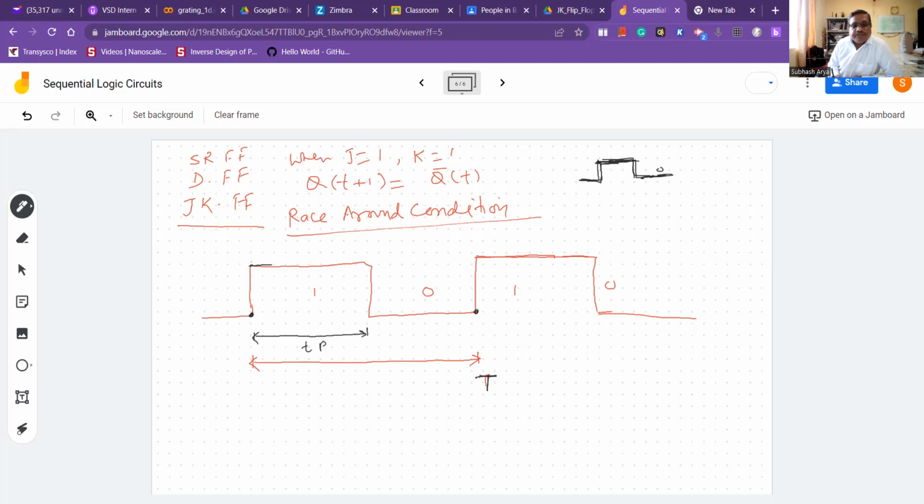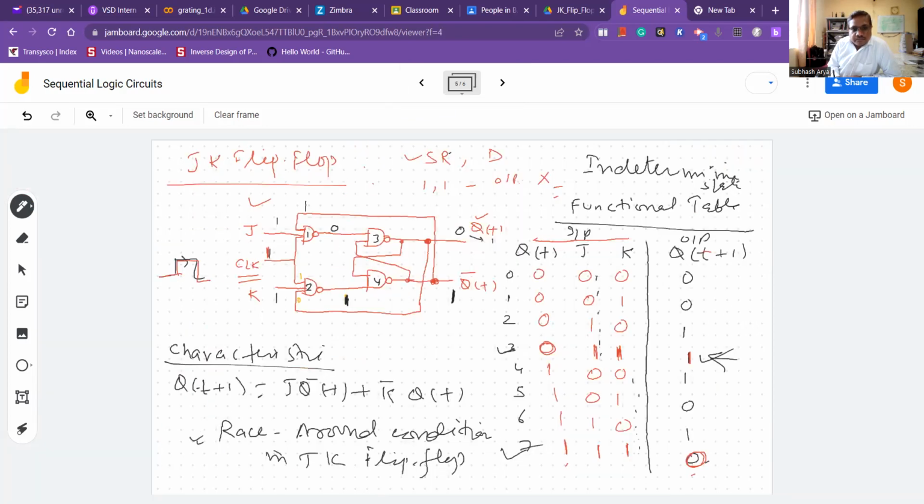Let us assume that the time taken by the two series NAND gates to give the output is delta T. What is delta T? Delta T is the time taken by the signal to reach from this point to this point. The signal has to pass through these two NAND gates connected in series, and each NAND gate takes some time.